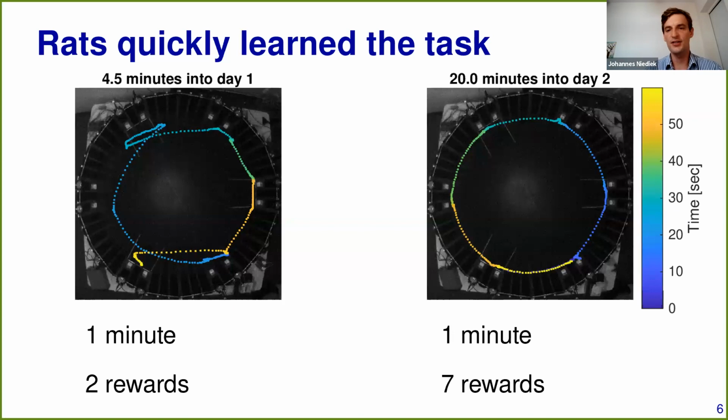On the right side, you see the same rat 1 day later. On each day, the training is about 1 hour. So on the right side, you see 20 minutes into the training session on the second day. And already here, the rat has learned to run a perfect circle. And here it manages to eat 7 rewards in 1 minute instead of just 2.